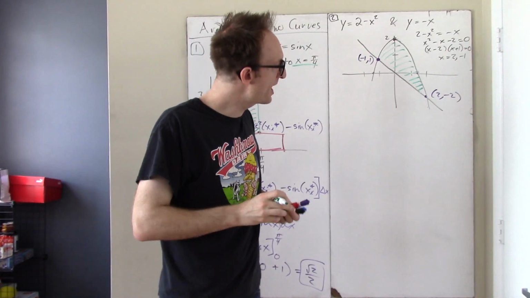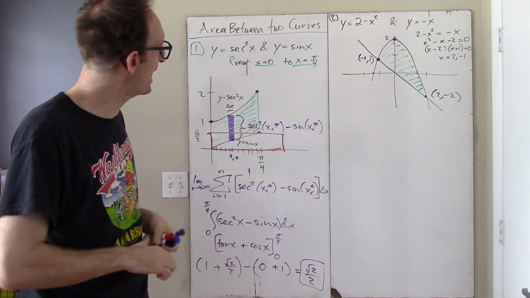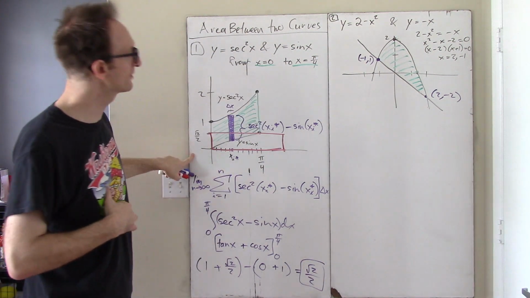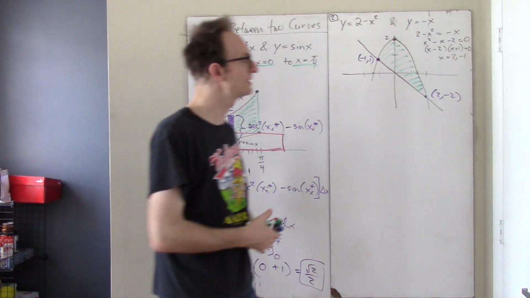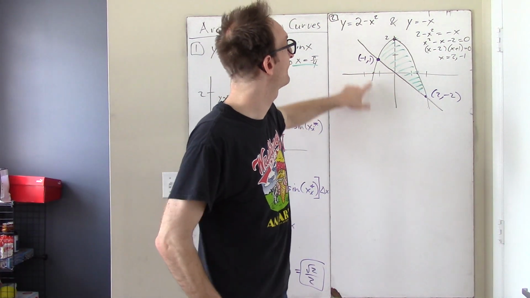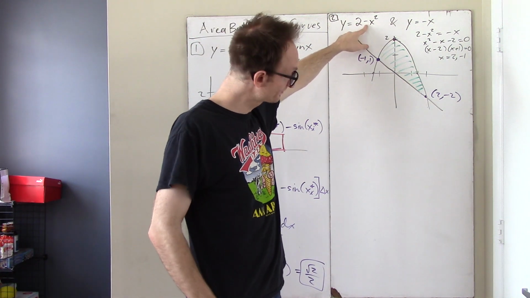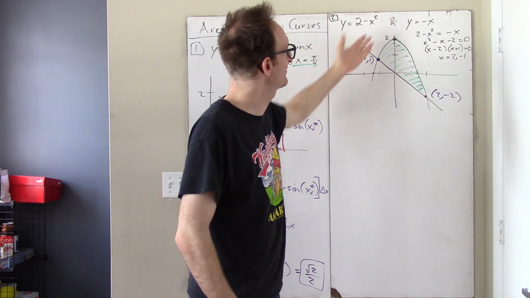Okay, good. How are we going to find this area? Well, perhaps now you see what I was rambling about in the previous problem. It would be not impossible, but awkward, to find the area under the 2 minus x squared curve. Because what does that even mean anymore?